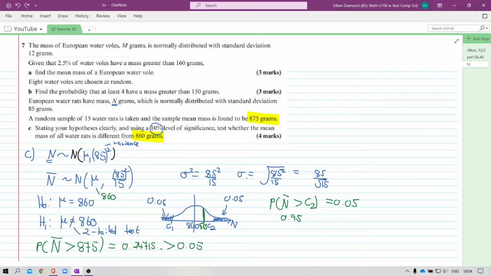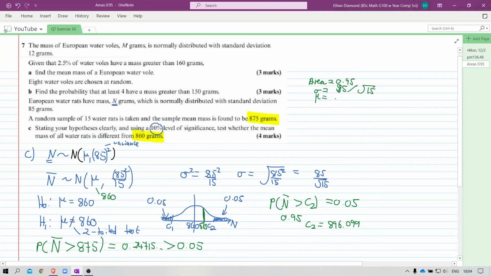So I put that in my calculator, and I get something quite interesting. I get C2 is equal to 896.099. And just so you know what I'm typing in, I have area is 0.95, sigma is 85 divided by the square root of 15, and mu is 860.